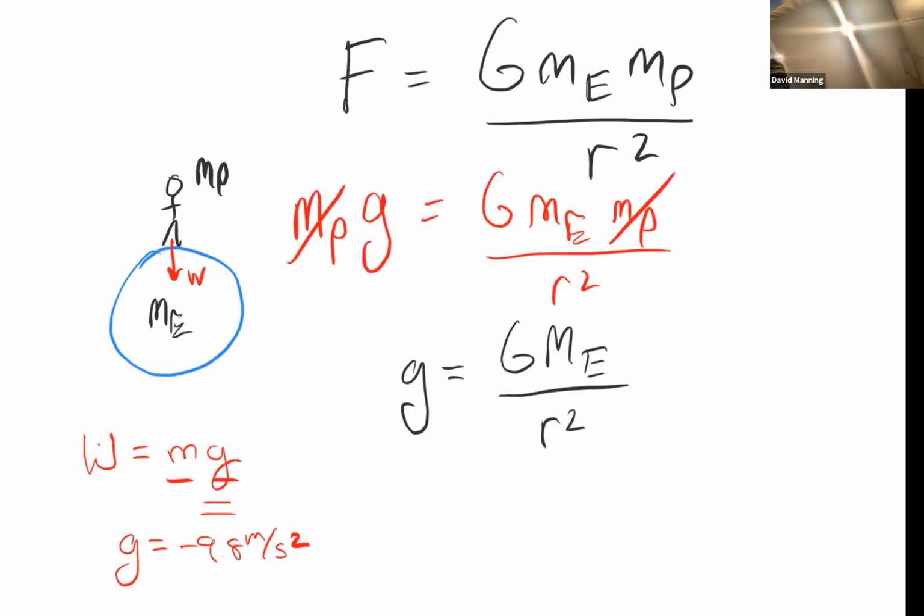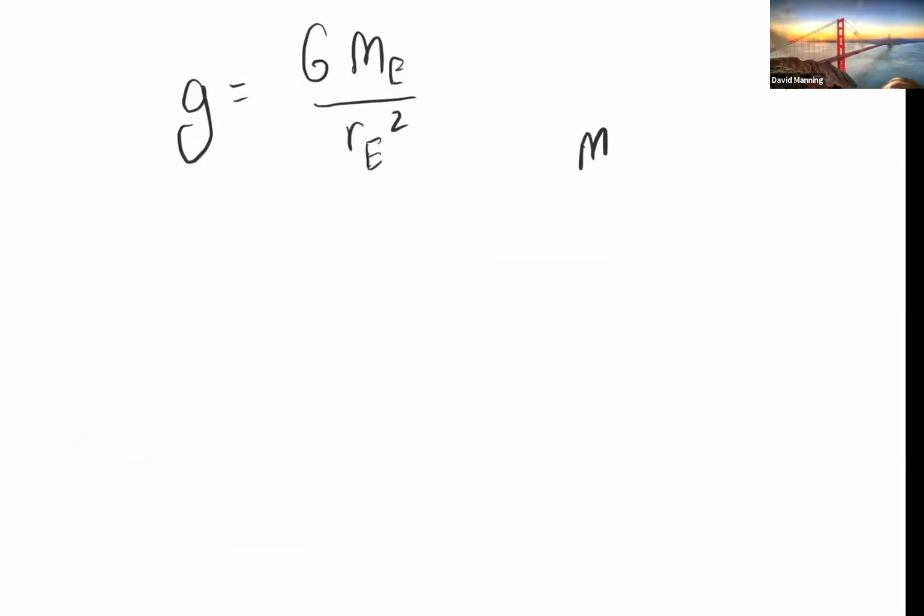The mass of the Earth is 5.97 times 10 to the 24th kilograms.